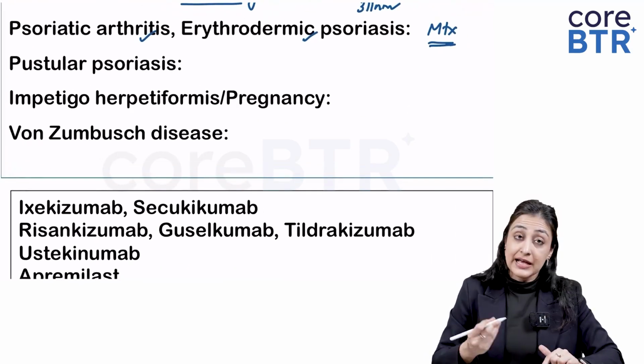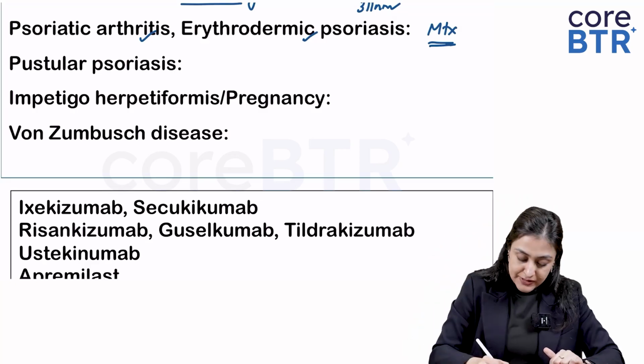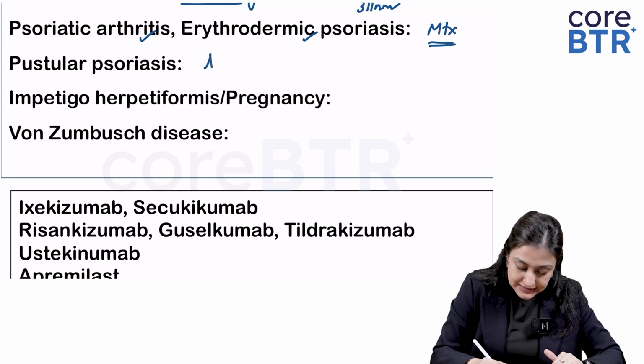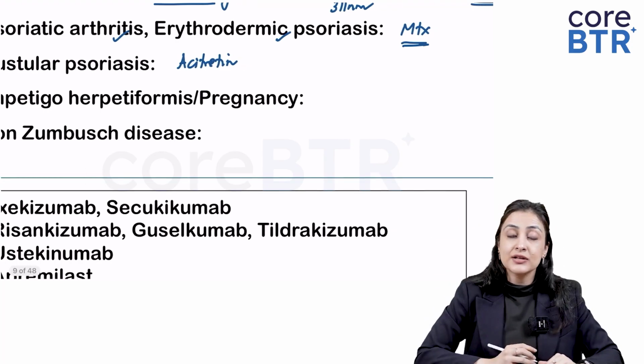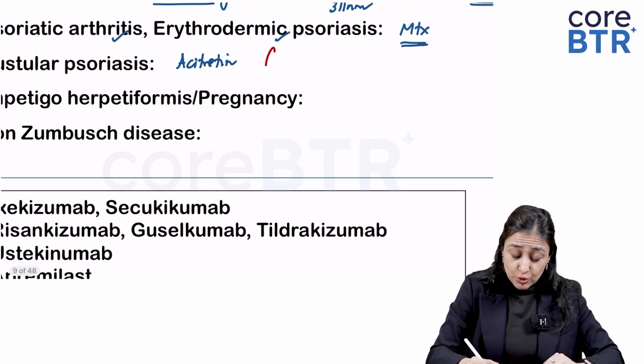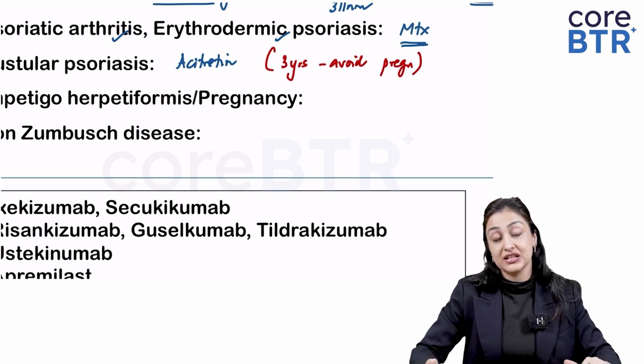Pustular psoriasis. Pustular psoriasis is a special type, deserves a special treatment. That special treatment is acitretin. Acitretin, as the name suggests, is a vitamin A analog. Every vitamin A analog, you know, is teratogenic. This is so teratogenic. For 3 years, a woman is advised to avoid pregnancy if they have taken acitretin.